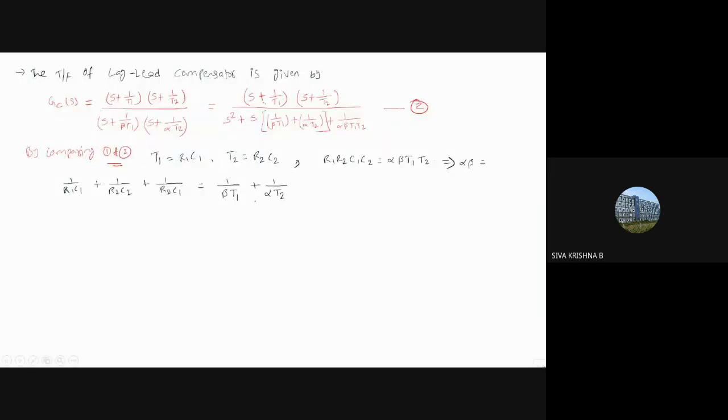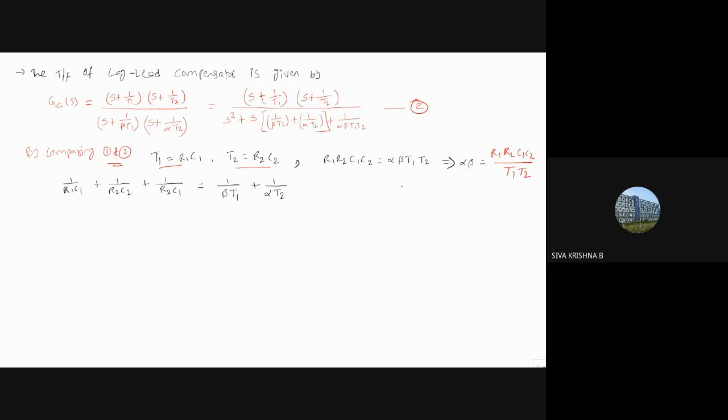By comparing those 1 and 2, you will have T1 is R1C1, T2 is R2C2. Here, T means time constant. You can treat it as T or tau. Both you can write. And if you compare, alpha beta is this one, R1C1 R2C2 by T1 T2.